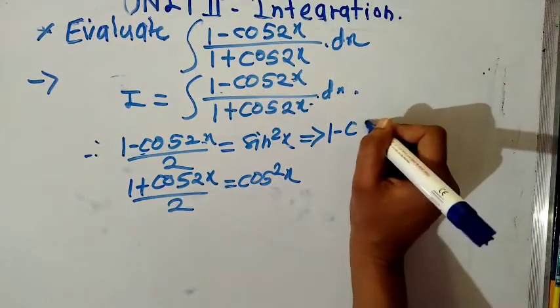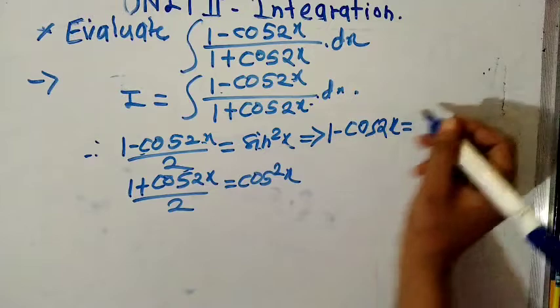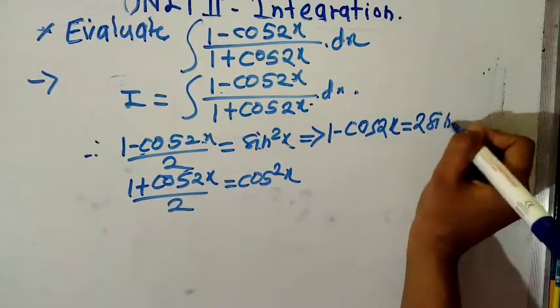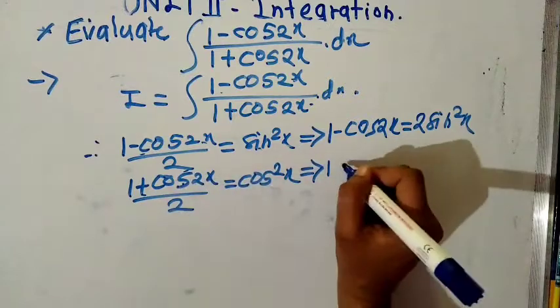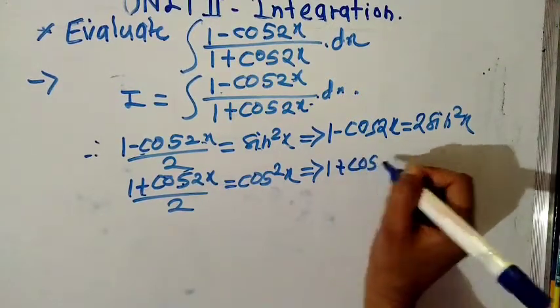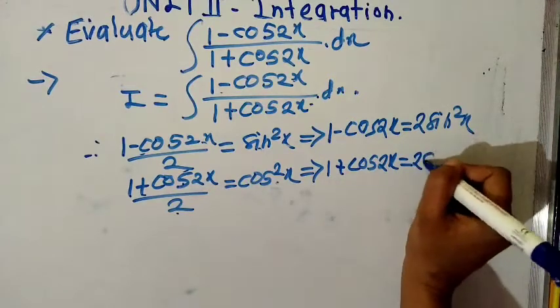So 1 minus cos 2x is equal to 2 into sin square x and 1 plus cos 2x is equal to 2 cos square x.